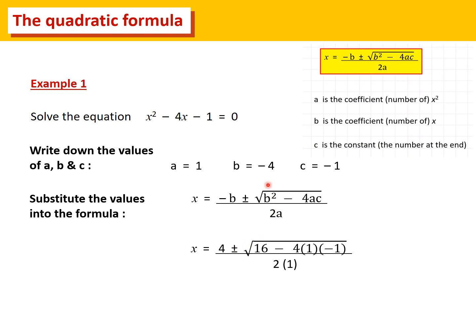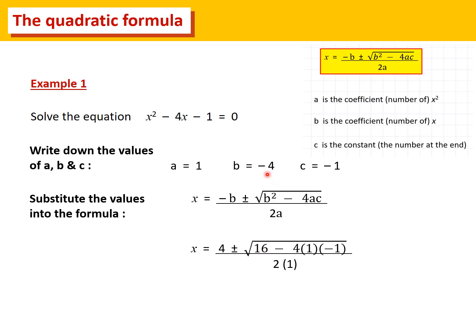Then in the formula, B squared is -4 squared. Now, for lots of you, when you work out -4 and square it on your calculator, it gives -16. But we need to be clear and sensible about this. A negative multiplied by a negative is a positive. So whenever you square a number, even if it's a negative, you always get a positive answer.